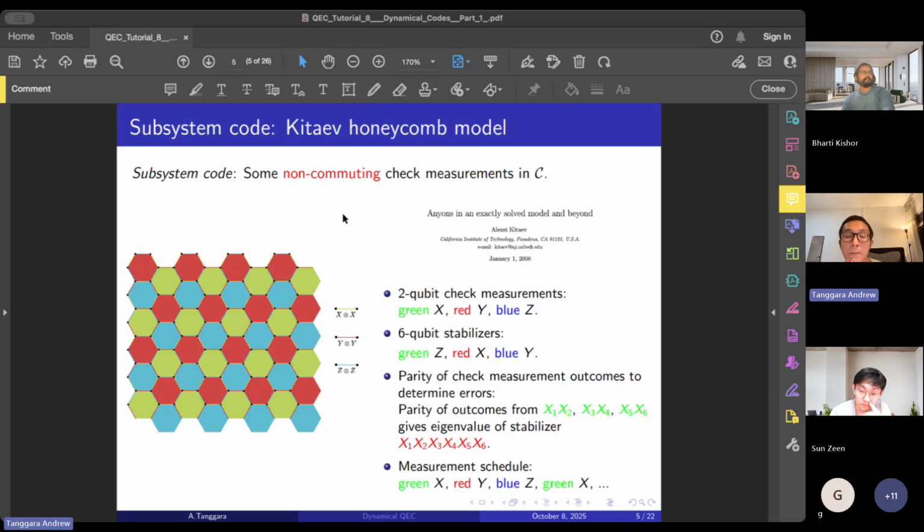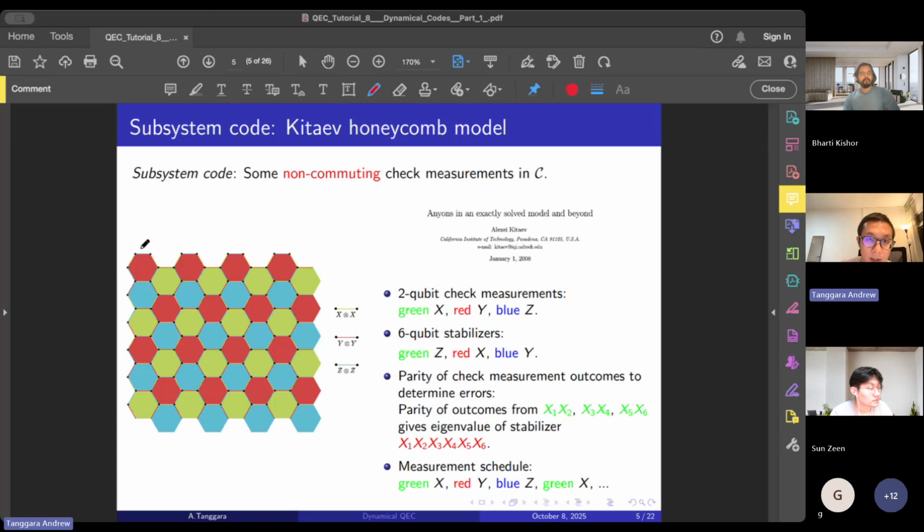But now I'm gonna introduce a new example of a subsystem code. This one's called Kitaev's honeycomb model, which was proposed almost 20 years ago by Kitaev in this paper. So what happens here is that I put this hexagonal lattice on my torus, so we're still working with a torus here.